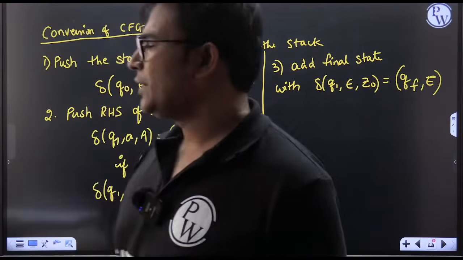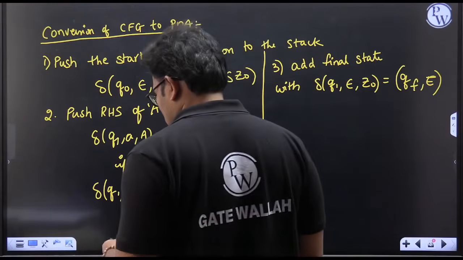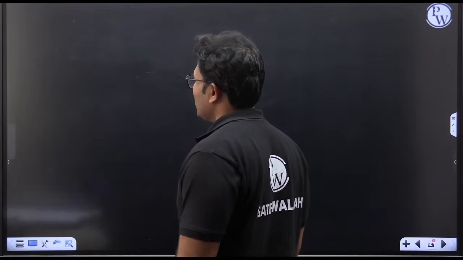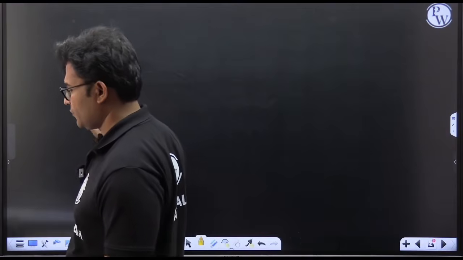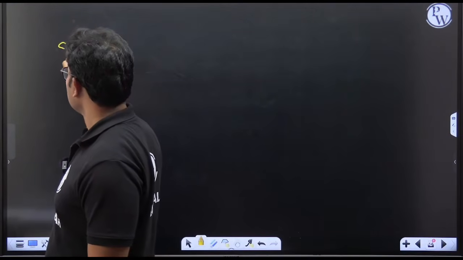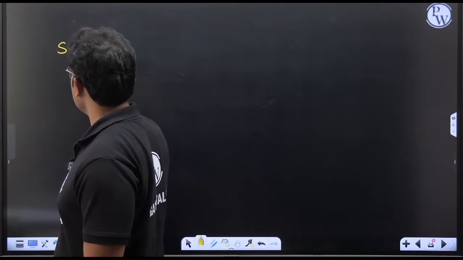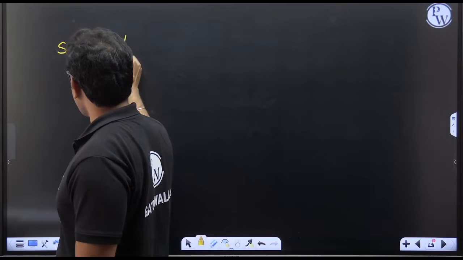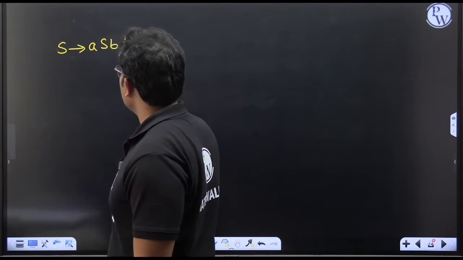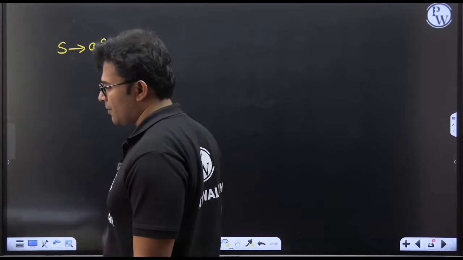Now let us see how to convert a grammar into GNF. So let us say a grammar is given like this. S derives A S B or A B. How do you convert this grammar into GNF?